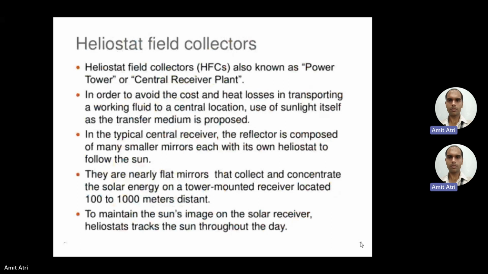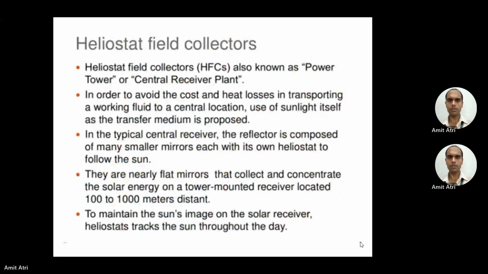Next one is heliostat field collectors. The heliostat field collectors, also known as power tower or central receiver plant. So how are they working?